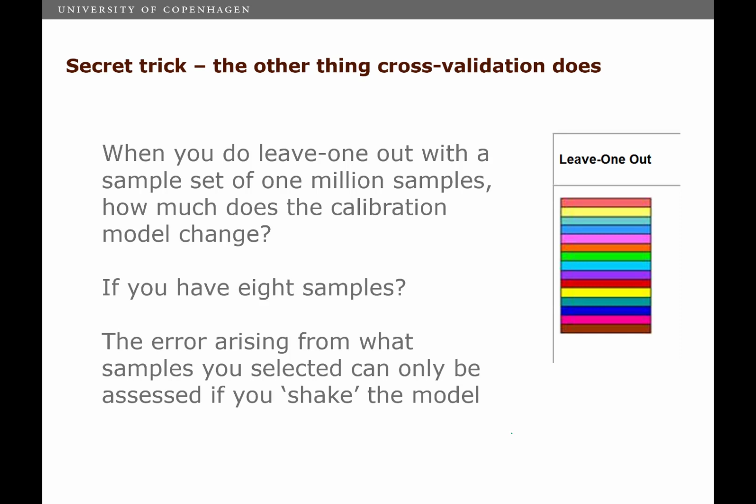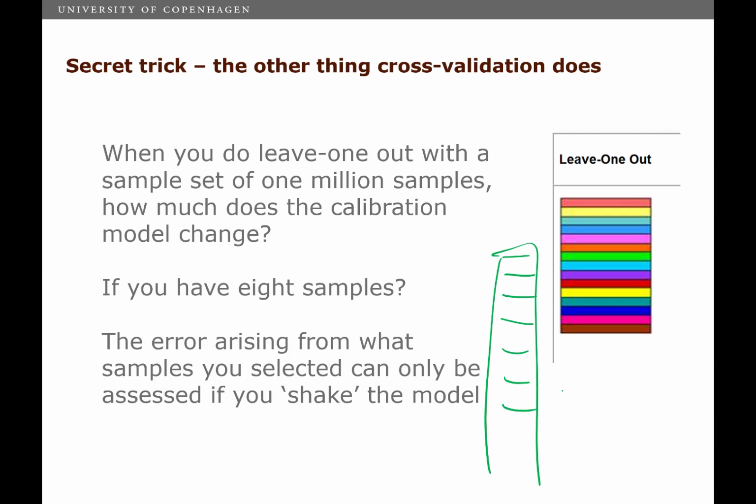Another thing, and this might be useful when you're trying to figure out what type of cross-validation you want to do. Imagine that you have 1 million samples, and you choose to do leave one out cross-validation. Can you imagine that in your huge data set, you're going to do 1 million different models, leaving out one sample?